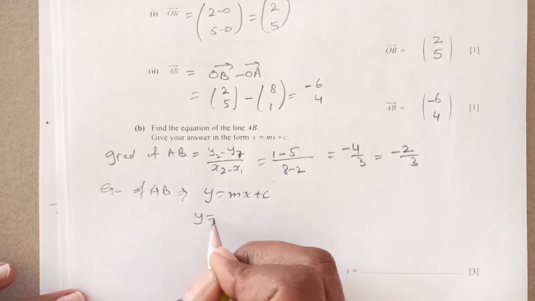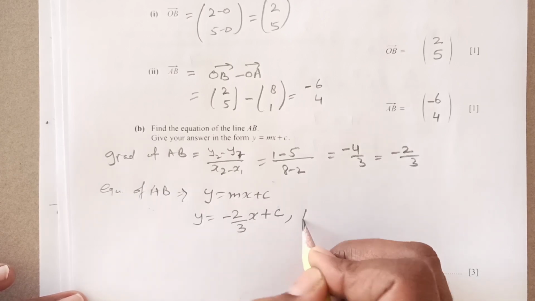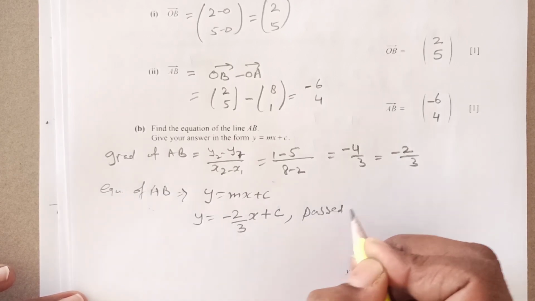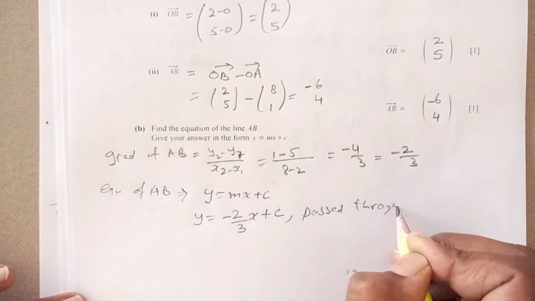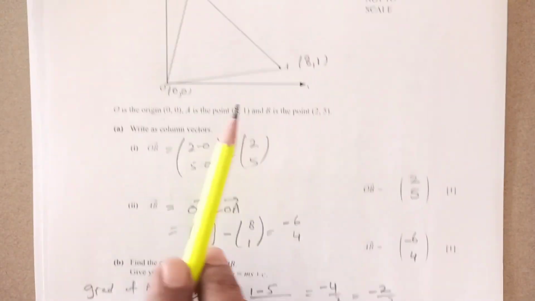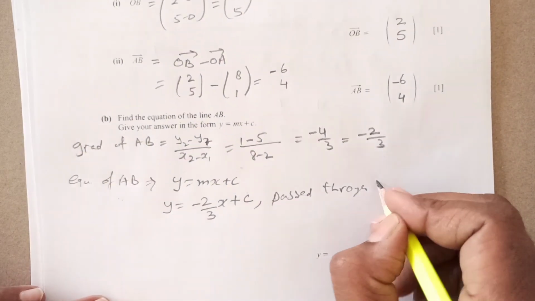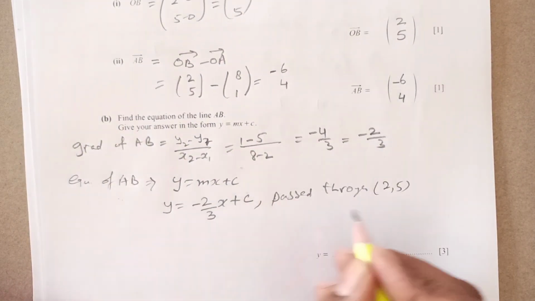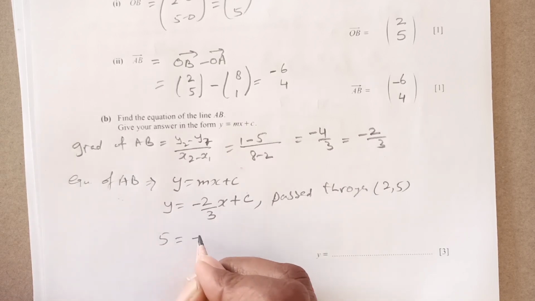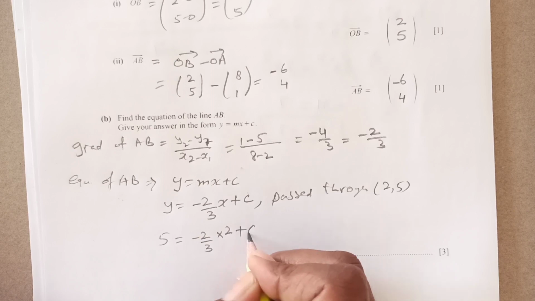So m now is negative 2 over 3x plus c, and this line passes through... you can take any point because both points are there. You can either take (8, 1) or (2, 5). I'm taking (2, 5). So then y is 5 and x is 2 plus c.